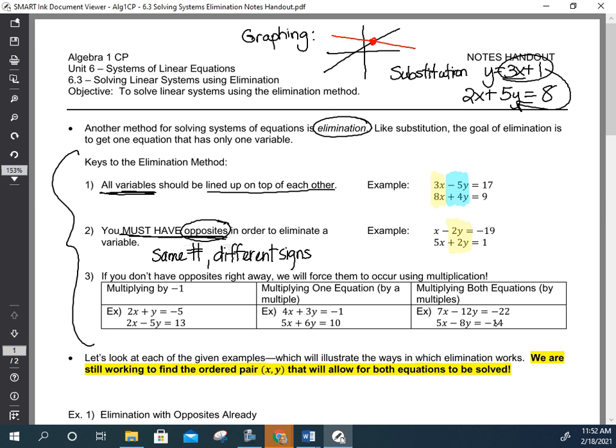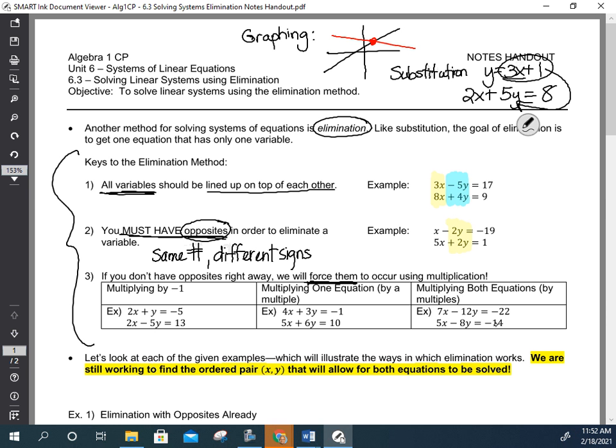Now, sometimes that's going to already happen for us. There will be other times where it's not happening for us, and we're going to force them to happen. If the problem doesn't want to work as given, okay, fine. We're going to force them to work then.